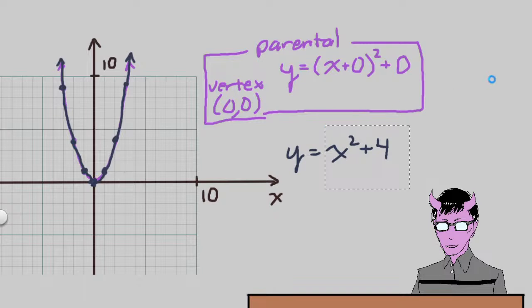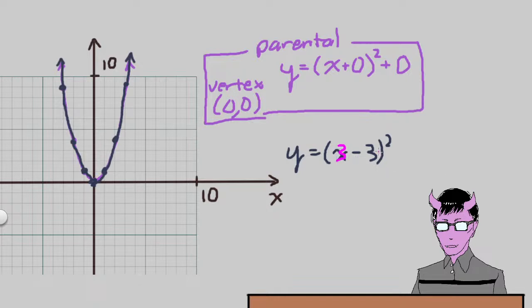But what if you have things in the parenthetical? If we have x minus 3 squared, for example, what happens? Our vertex, the lowest point, has shifted from 0, 0. Because if you try to plug in 0, you're not going to get 0, your x-intercept, anymore. What's the new value that will get you your x-intercept? It's positive 3.